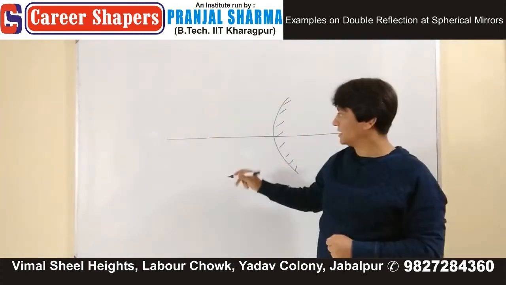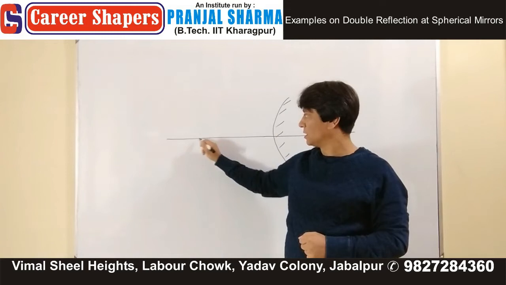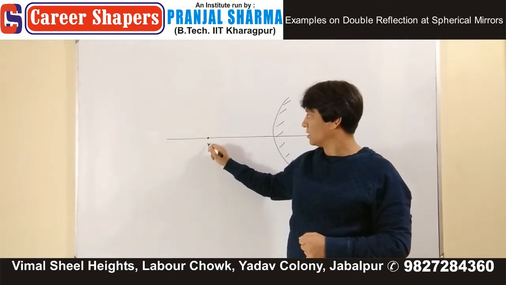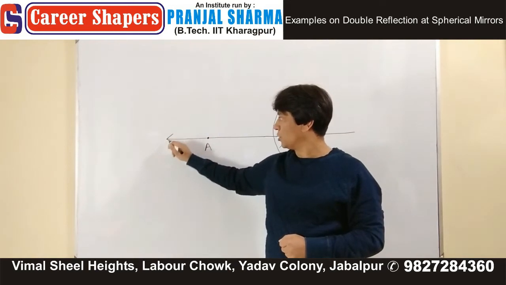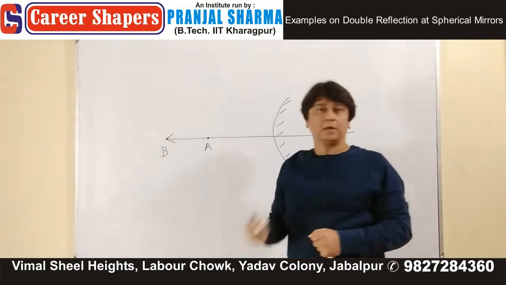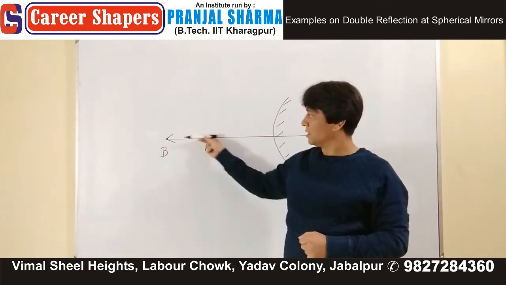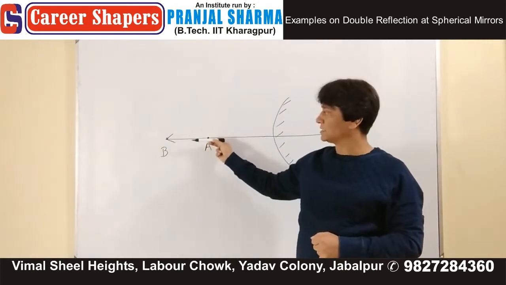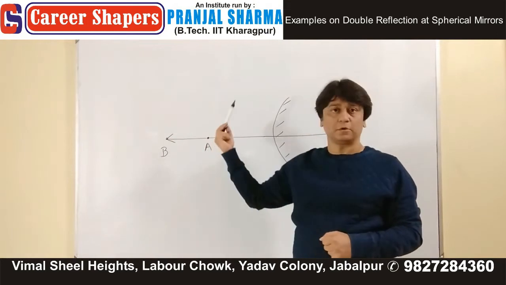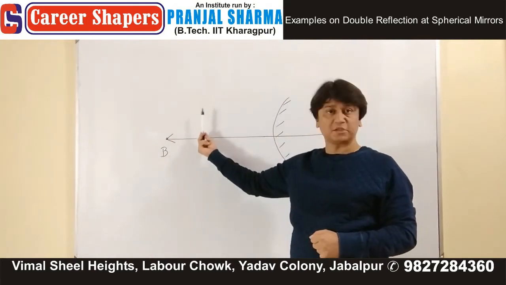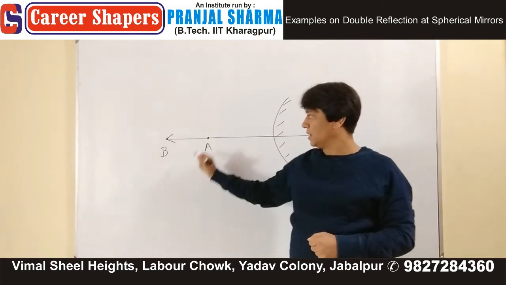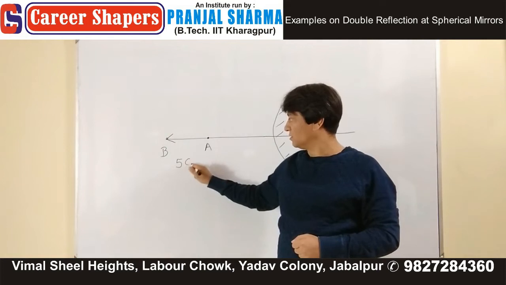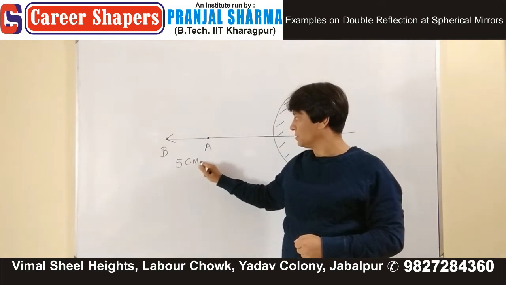On its principal axis, an object AB, let's say a marker, lies along the axis from A to B. And the length of this object is 5 centimeter.